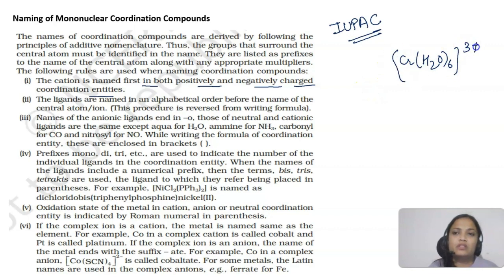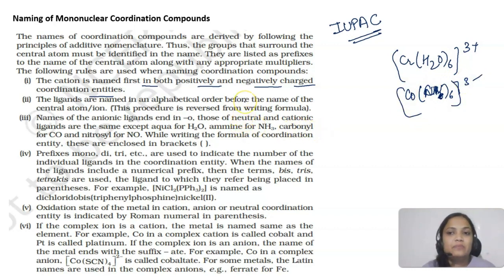Whether it is positively charged or negatively charged, like the [Co(CN)6] we were taking now, in that case the cation will be named first. Then the ligands are named in alphabetical order before the name of the central metal atom.